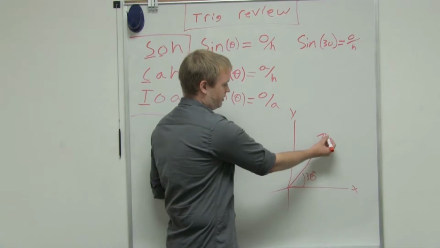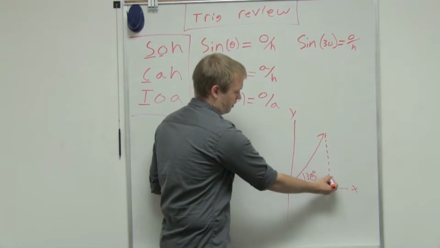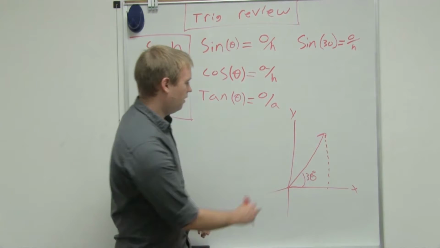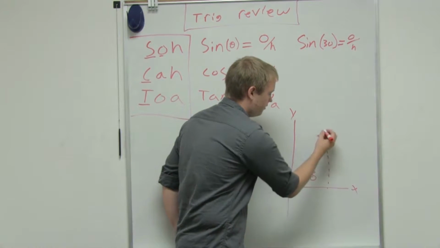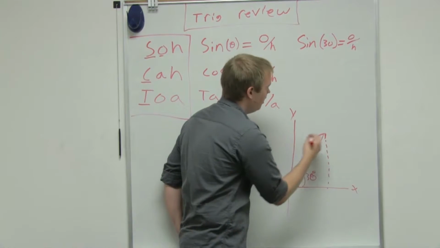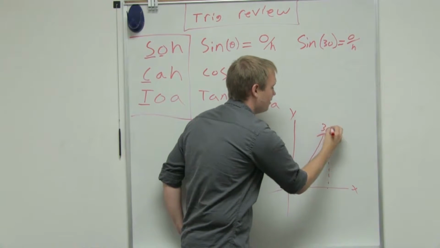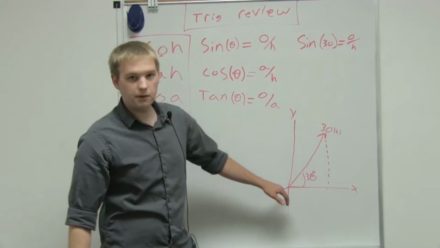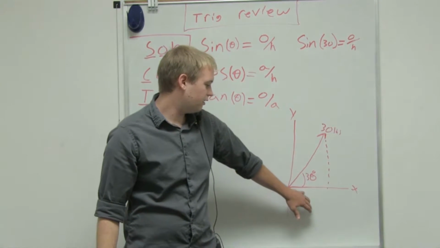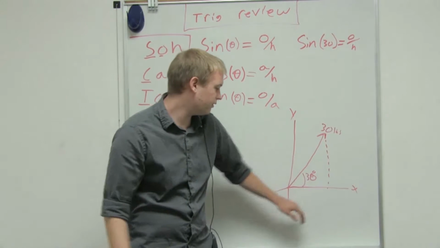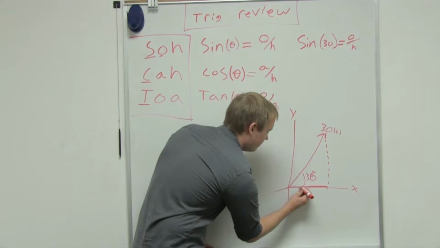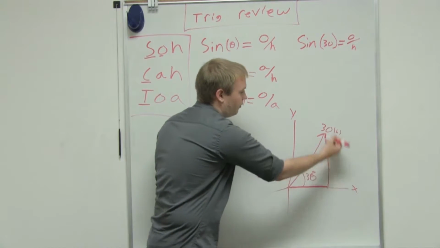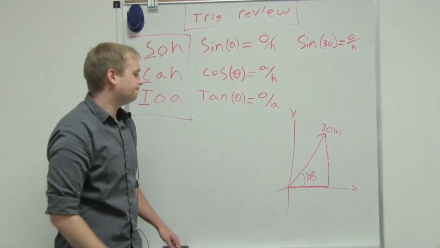So what we can do is draw a line down, and now we have a nice triangle. Let's say for our hypotenuse we're given a force of 30 pounds. Now what we want to do is find this leg of the triangle and this leg of our triangle, so the x and the y components.